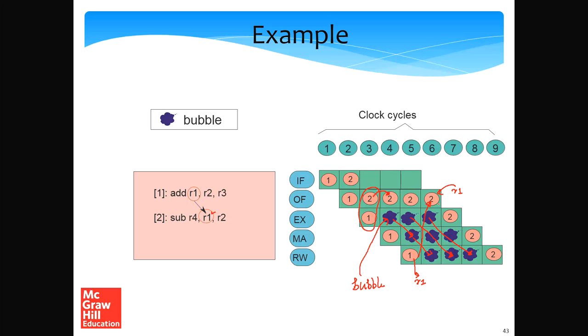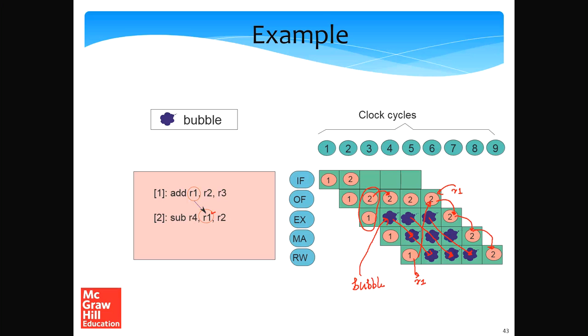So in cycle number 7, instruction 2 proceeds to the EX stage, then it subsequently proceeds to the MA stage, and finally in cycle number 9, it finishes its execution in the RW stage. So what we see is that we need to introduce 3 bubbles, 3 no-op instructions in the pipeline in the EX stage in cycles 4, 5, and 6.